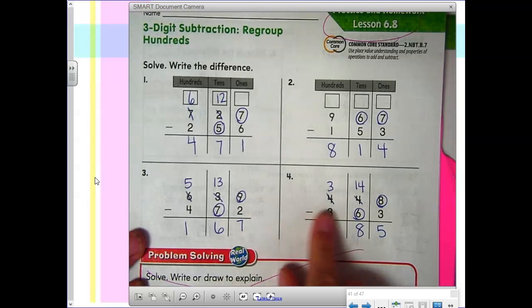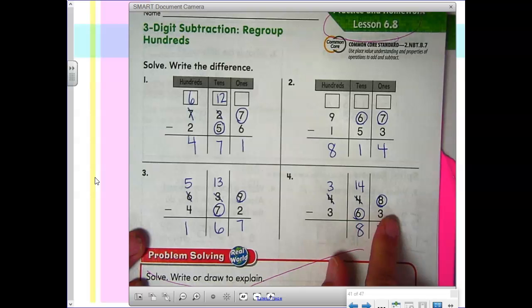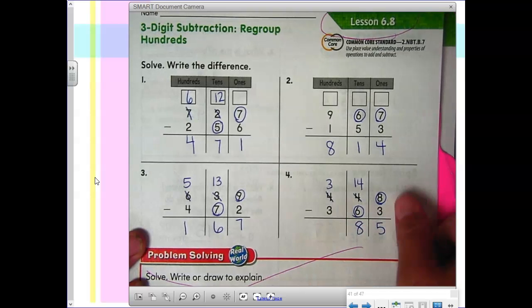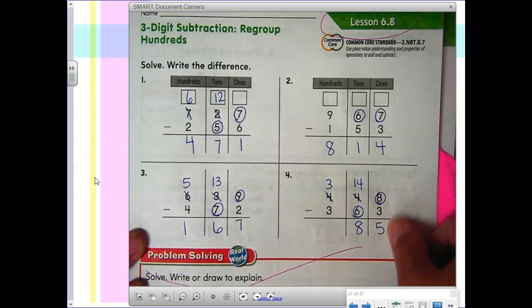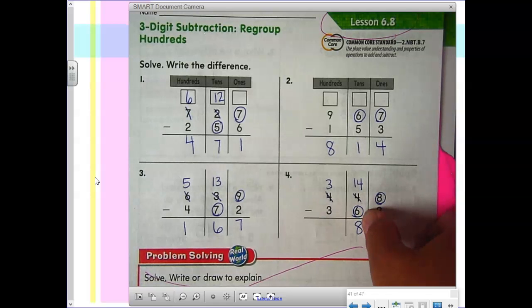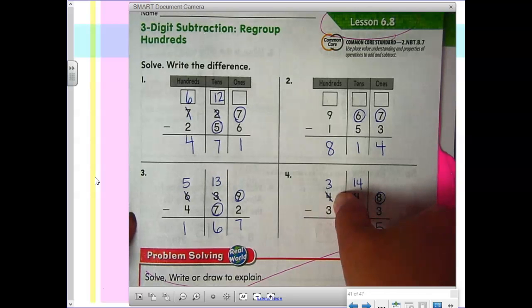Number 4. 448 minus 363. Start on the right. 8 minus 3 is 5. 4 minus 6. I can't do it because I have more on the floor. So I have to go next door and grab 10 more. So I take away a group of 10.